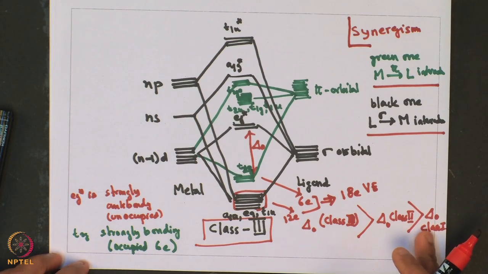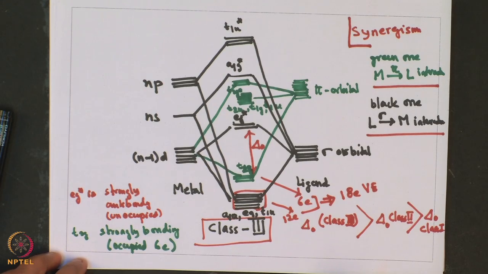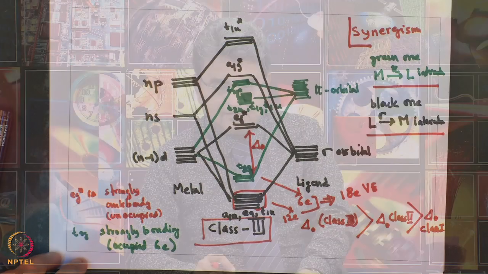This is a hallmark of class 3 type of complexes, which always obey the 18 electron rule, and the ligand has to have pi type orbitals to interact with metal orbitals.